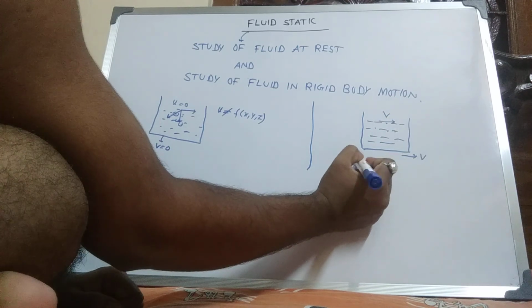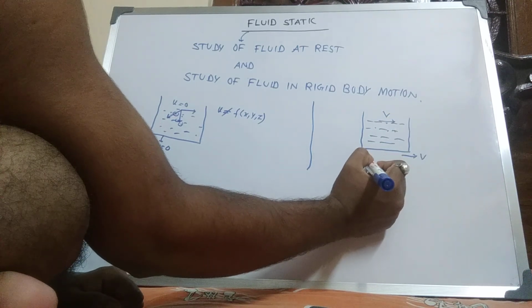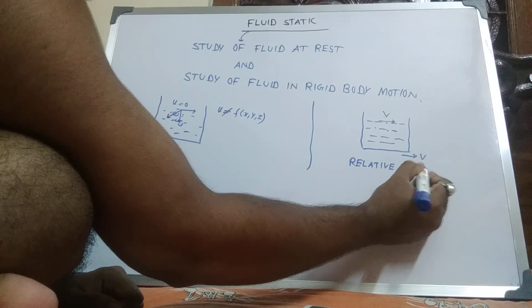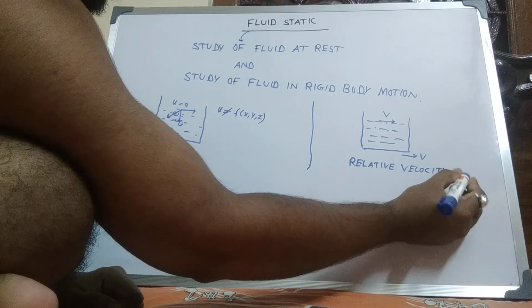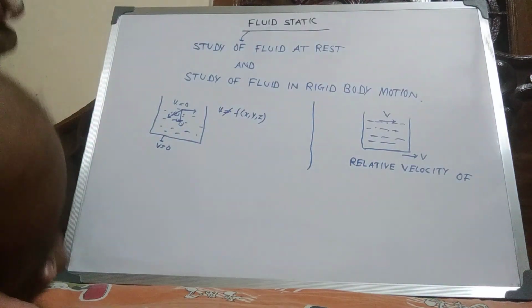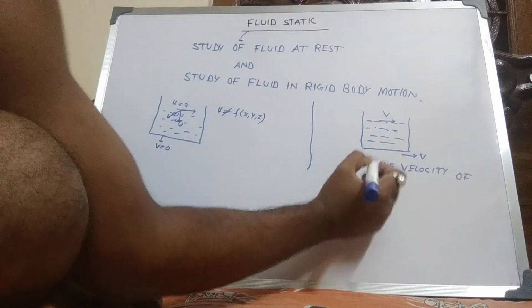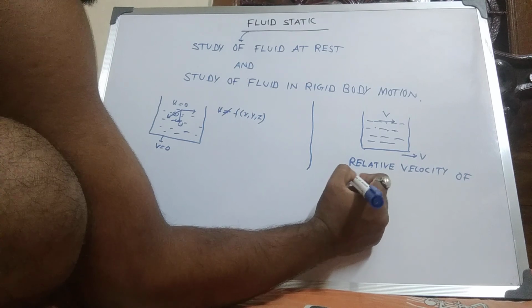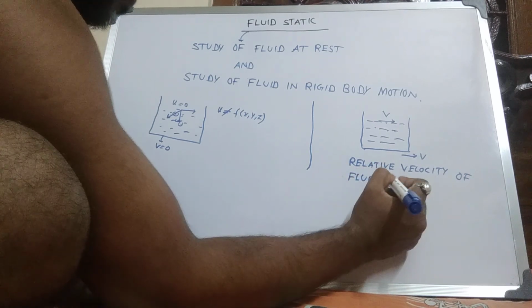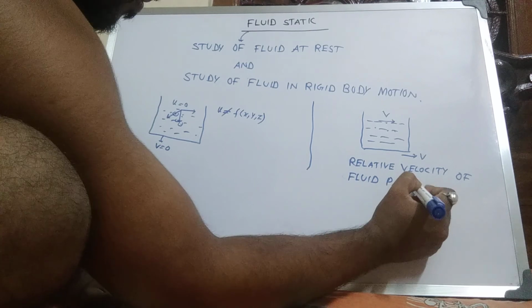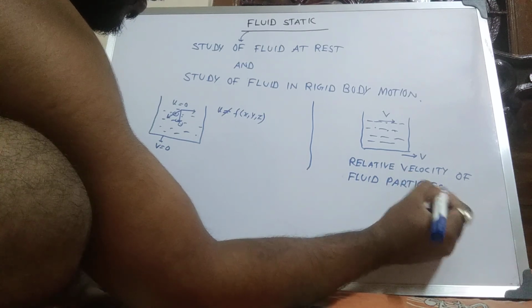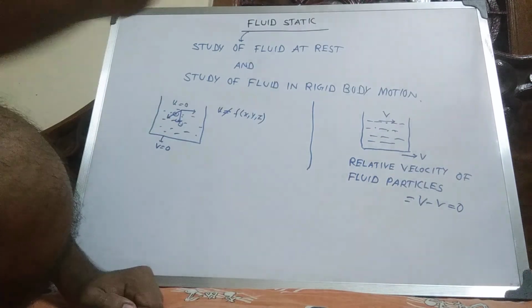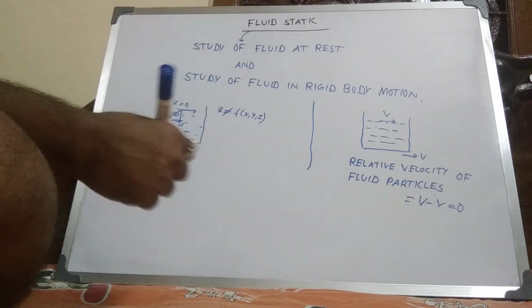So the relative velocity of fluid particles is v into 0. So this is the rigid body motion.